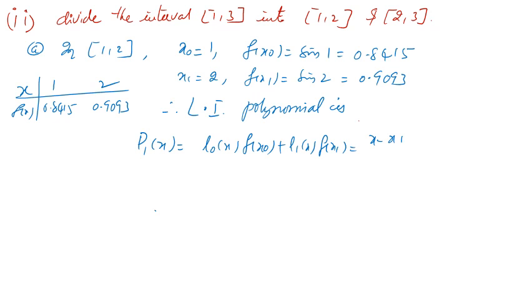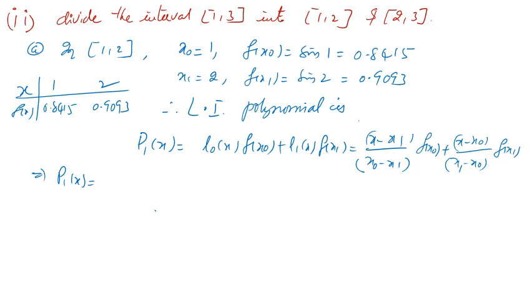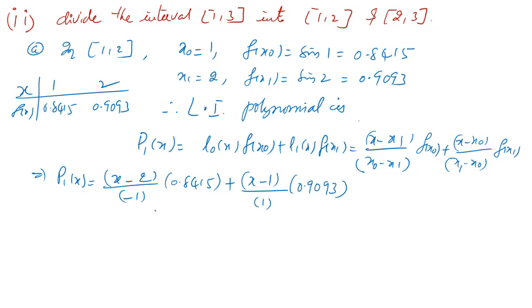This is (x − x1)/(x0 − x1) times f(x0) plus (x − x0)/(x1 − x0) times f(x1). After substituting, (x − 2)/(1 − 2) is negative 1 multiplied by 0.8415, plus (x − 1)/(2 − 1), which is 1 multiplied by 0.9093.